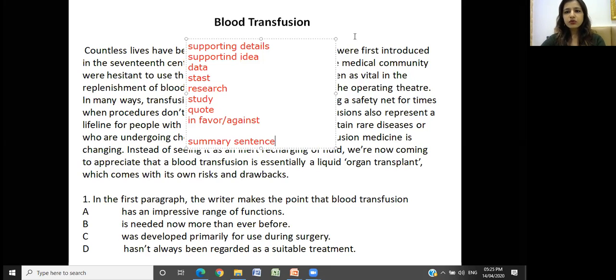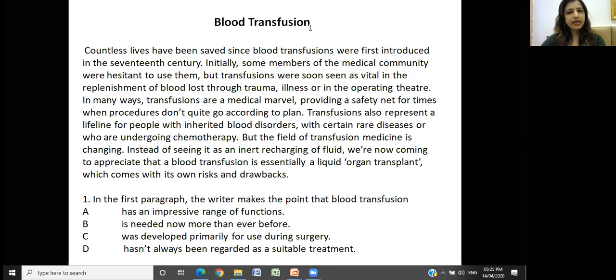Right, so let us do this one question, and let me help you understand how you can apply the strategies that you have just read. So if you look at the first sentence here, countless lives have been saved since blood transfusions were first introduced in the 17th century.